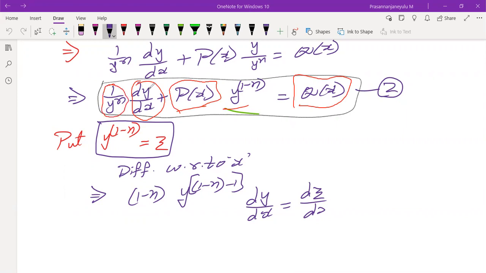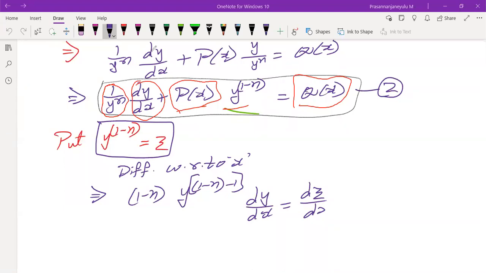According to our earlier discussion, the dy by dx coefficient should be 1 only, but here it is 1 by y power n. But if we multiply this with y power n again, we'll get our given differential equation, the general form of the Bernoulli's differential equation in terms of the y variable. Because of that reason, we should not convert.